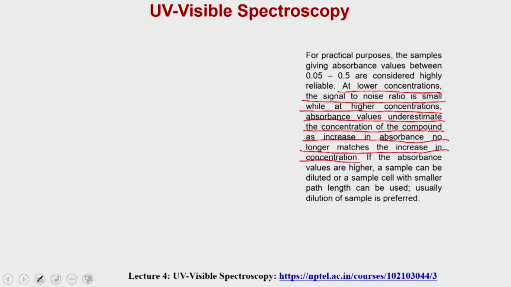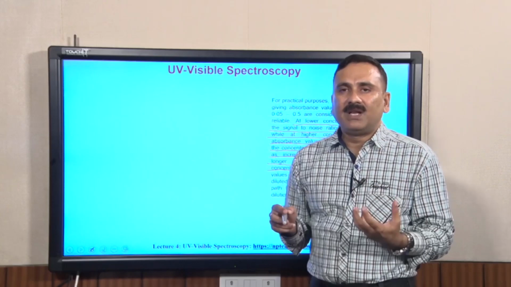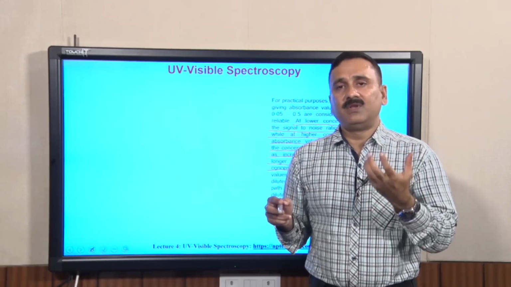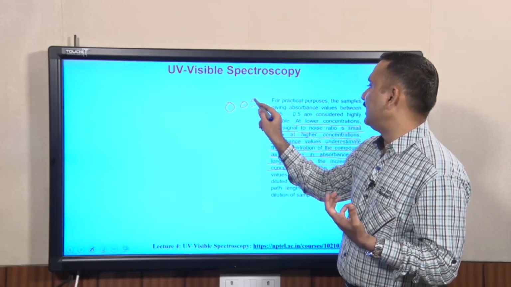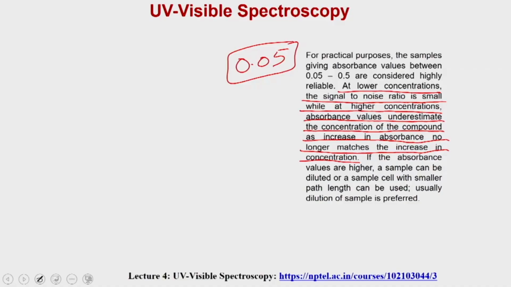So what you have to do, if you have an absorbance of a sample which is less than 0.05, in that case you might have to concentrate the sample and measure again. But suppose you have a value which is above 1, then what you are going to do? You are going to dilute it 3 times, 4 times, and then measure.